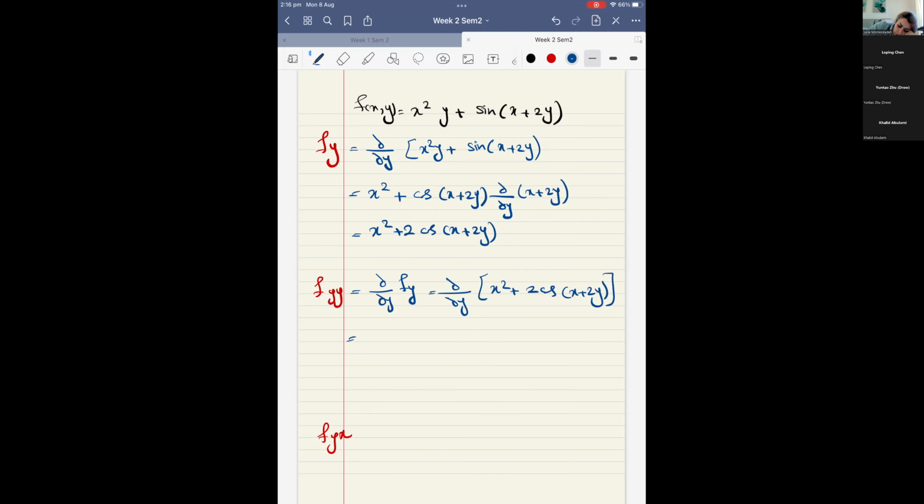It would be equal to, this one doesn't have any y, it is a constant number and the derivative of a constant is 0, and minus 2 sine x plus 2y. And fyy, again x is 0 to come out, minus 4 sine x plus 2y.